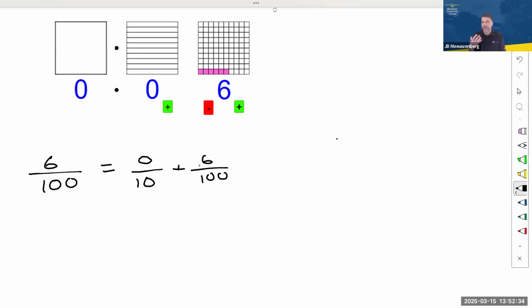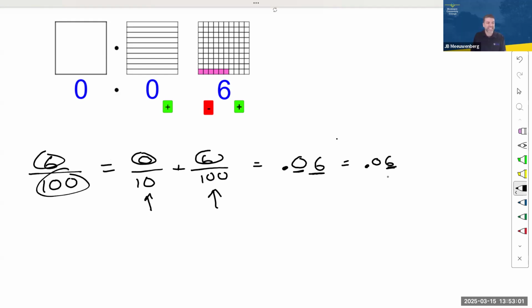When you're writing something in expanded form, you really want to give a value to every single place value. So this is our tenths place, this is our hundredths place. And if we think about how that would look as a decimal, then there would be 0 in the tenths place and a 6 in the hundredths place. So this would be written as 0.06, 6/100.